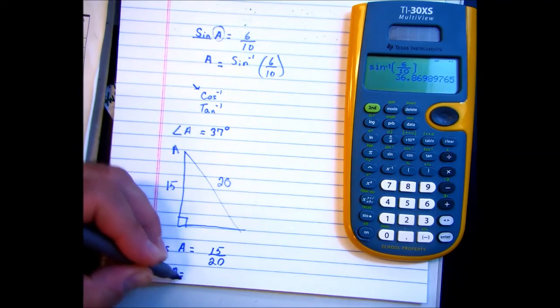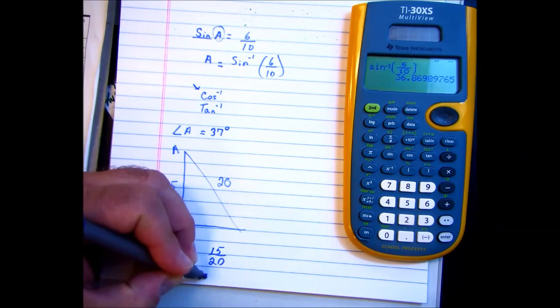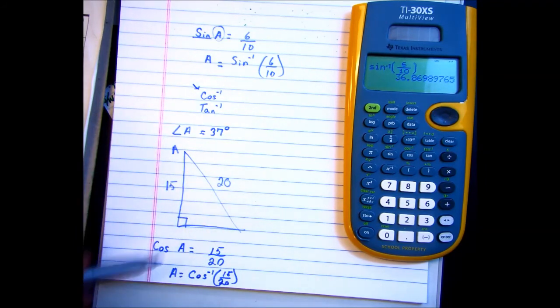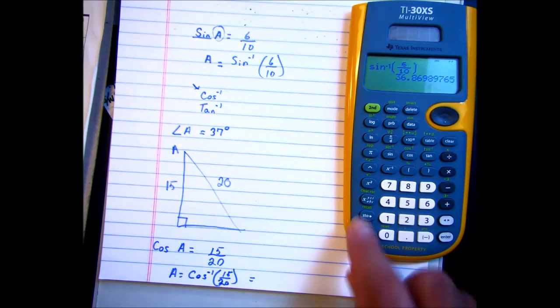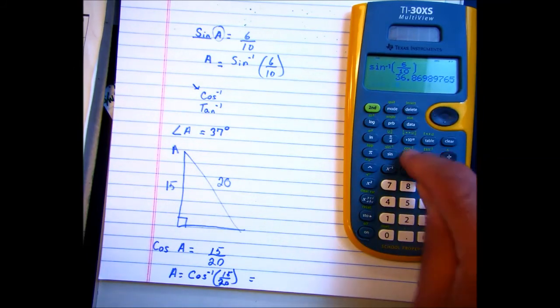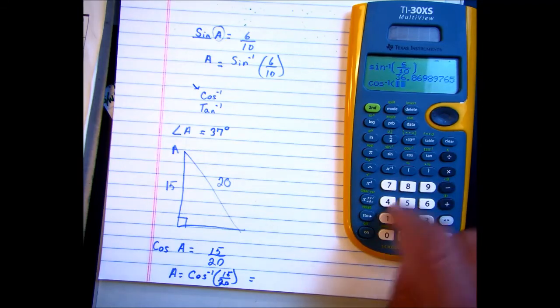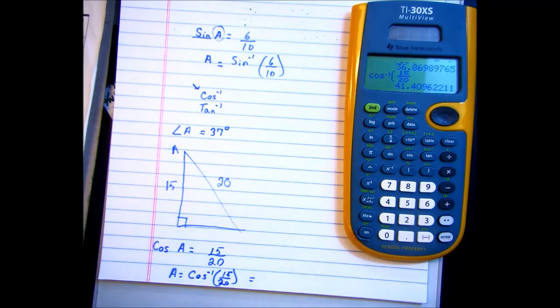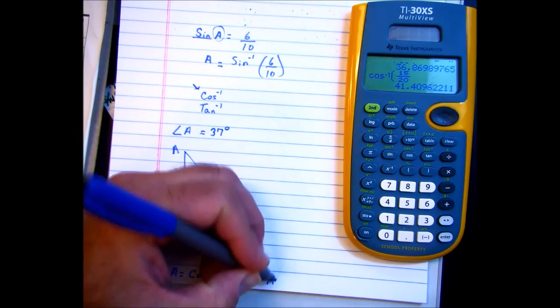Then I solve it: A equals inverse cosine of 15 over 20. Like I said, this is the only work you have to show, and then you'll give an answer. It's calculator work, so we do inverse cosine of 15 over 20, and we get 41 degrees.